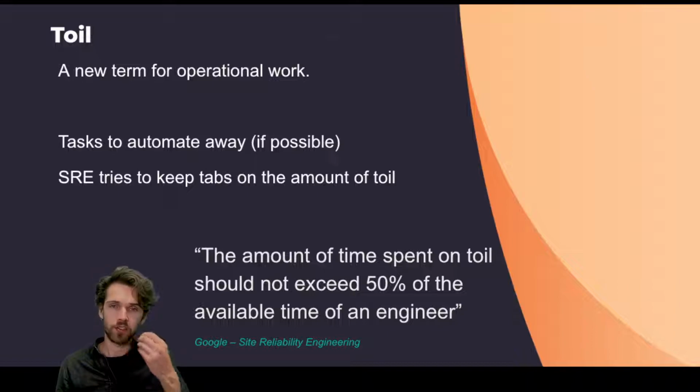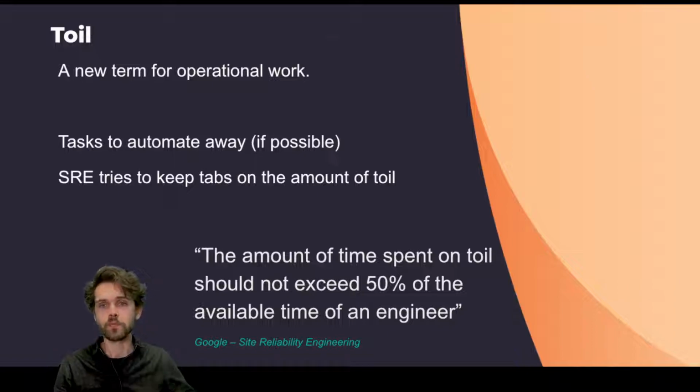Why is this? This is to keep a healthy culture and a healthy working balance, and that the other 50%, or the multiple of it, should be spent on engineering work. Engineering work in this case is innovation, is tomorrow's business.